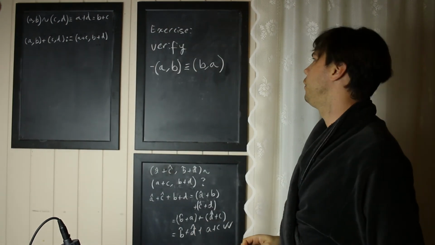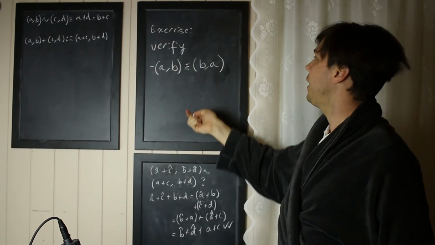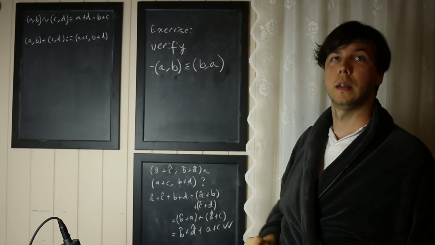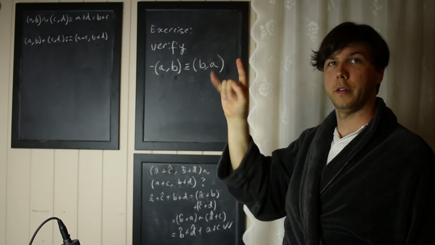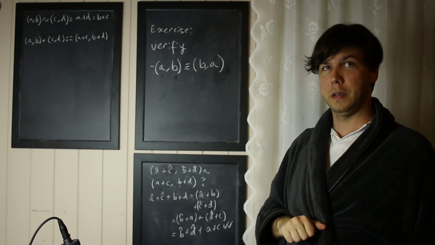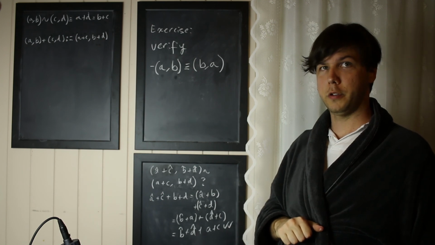We need to double check that the additive inverse of an element is given by just reversing its components. Cool. So, hope you had fun, and in the next video we'll try some other things.